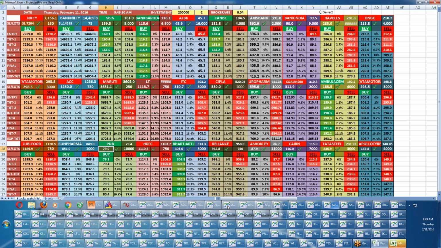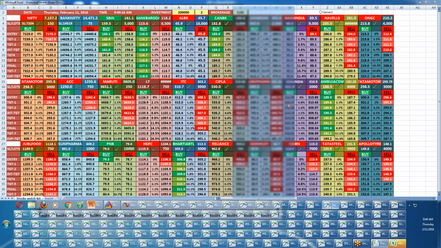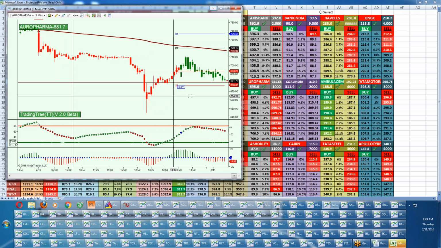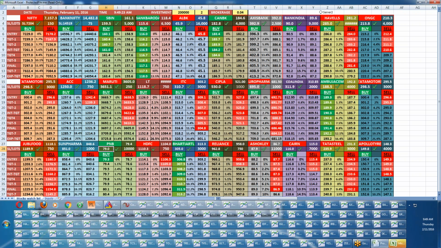Let's pull Aurobindo Pharma out. So we should be getting a sell call in Aurobindo Pharma. And then you can just hold it. You can just trail your stop loss on Aurobindo Pharma here and then try to maximize your profits. HDFC Bank, I have a sell.